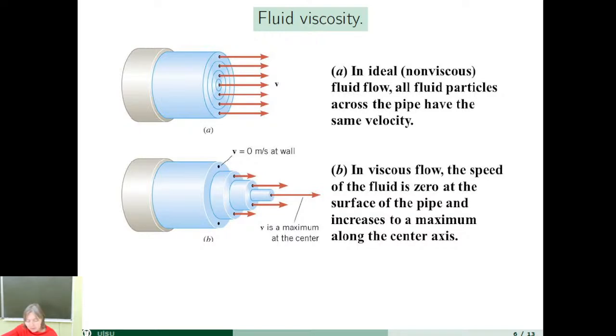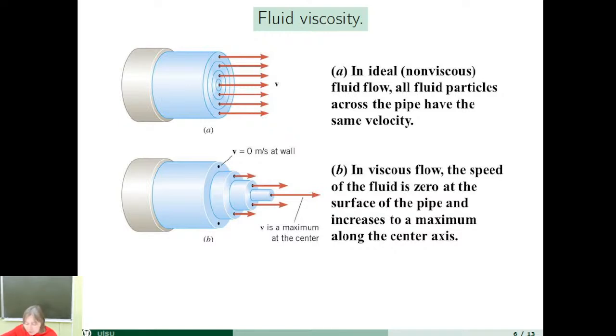Viscosity is created by internal friction between the molecules. Various fluids differ greatly by the value of their viscosity. For instance, the viscosity of oil is greater than that of water.